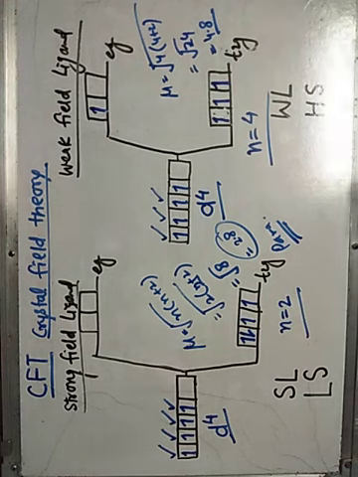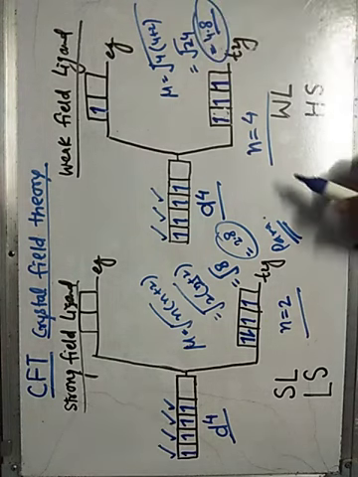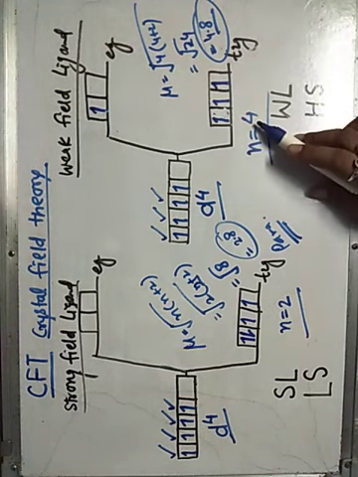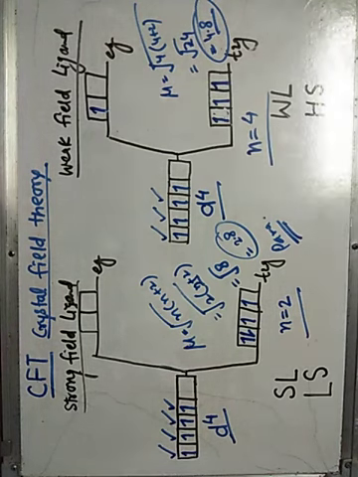So which is more paramagnetic? This one, because its n value is 4. Clear? So this is the CFT for you, and here we have discussed the CFT for coordination number 6. All right, I hope you can understand what the CFT is.